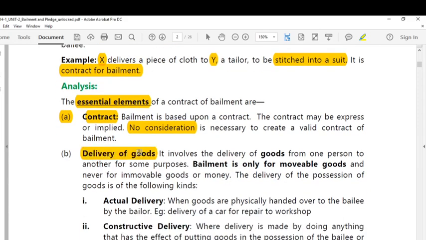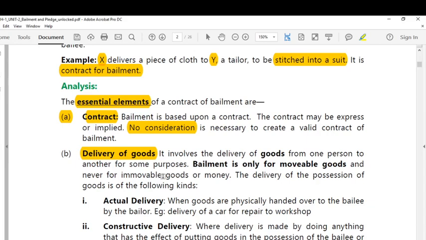The second one is delivery of goods. So there should be a delivery of goods by the bailor to the baili. It involves the delivery of goods from one person to another for some purpose. Bailment is only for movable goods and never for immovable goods or money.